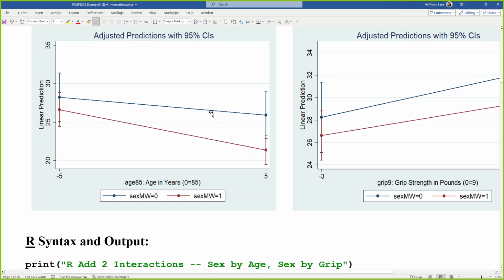So what we've learned is that the blue line was not significant. The slope of it, that's for men. The red line slope is significant. That's for women. But the difference in the slopes, the interaction term, is not significant.